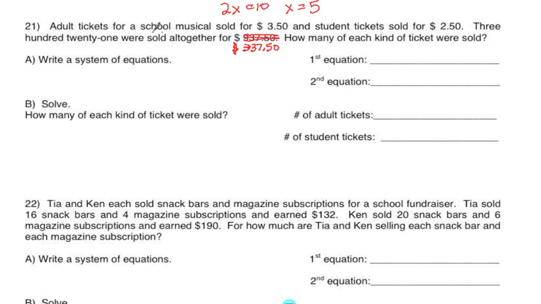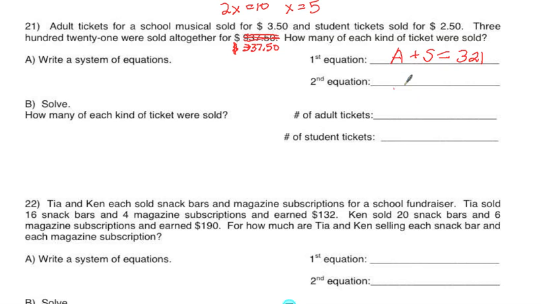So the first equation I'm going to do is go ahead and say, well, how many were sold all together? It says 321 were sold all together, and there were adult tickets and student tickets. So I'm going to use A and S just because that's easy to me. So A plus S, the amount of tickets, equaled 321. So that's going to be one of the equations. That's the amount of tickets.